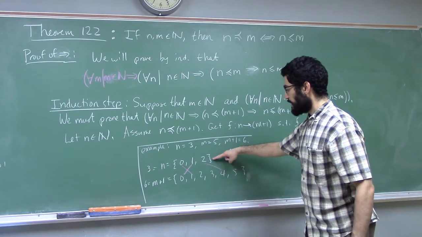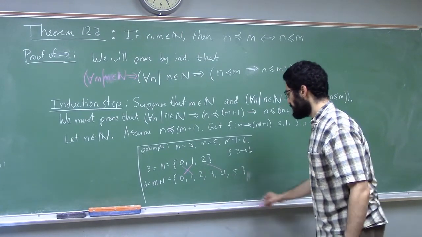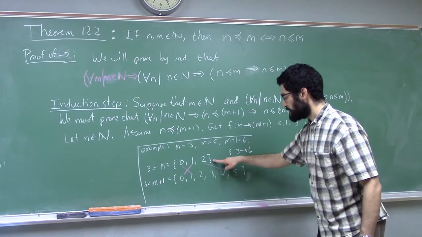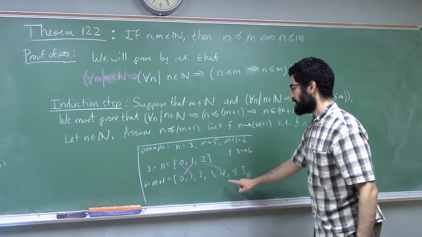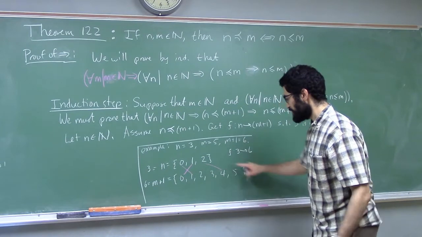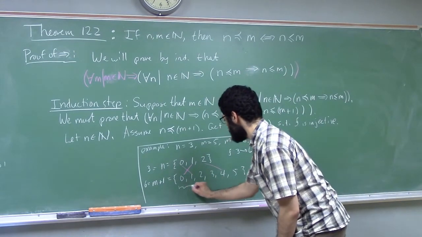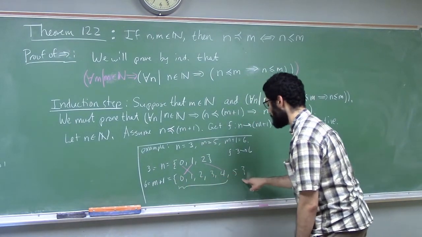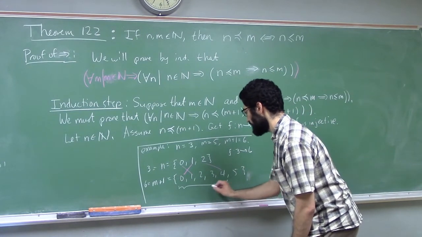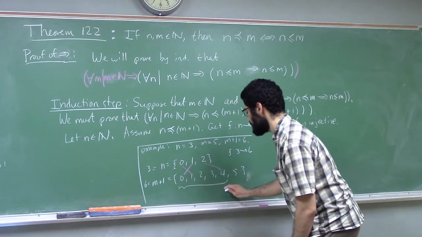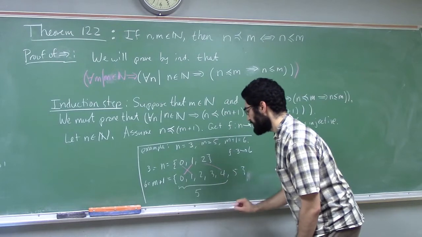Well, from this picture at least, it looks like this natural number 3 is being injected into 5. It is being injected into 6, but this portion, if I take 6 except for the last position, so if I take the set consisting of just these, that's 5.